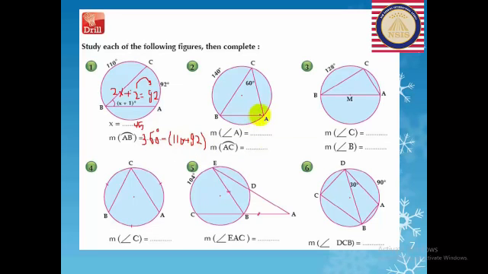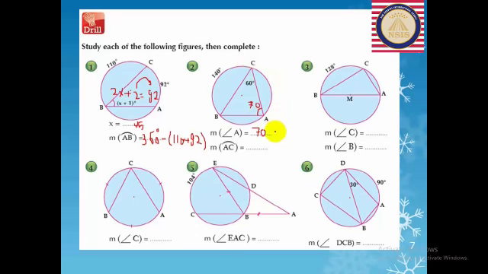Here, I want the measure of angle A. Look here, its subtended arc is 140. So angle A is half the arc. What's half of 140? It's 70. Very good. Now I want the arc AC.